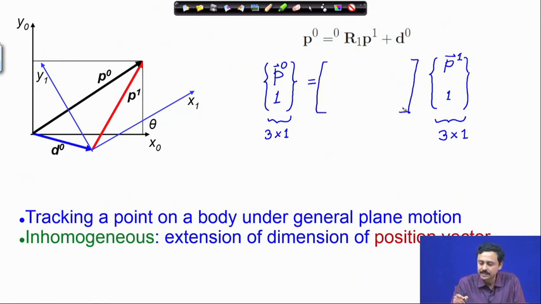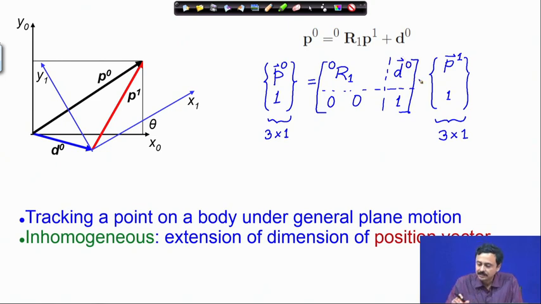Then you can very easily see that I can write here R from 1 to 0, which is a 2 cross 2 matrix. Put here 2 zeros, put here a 1 and put here the vector d 0.